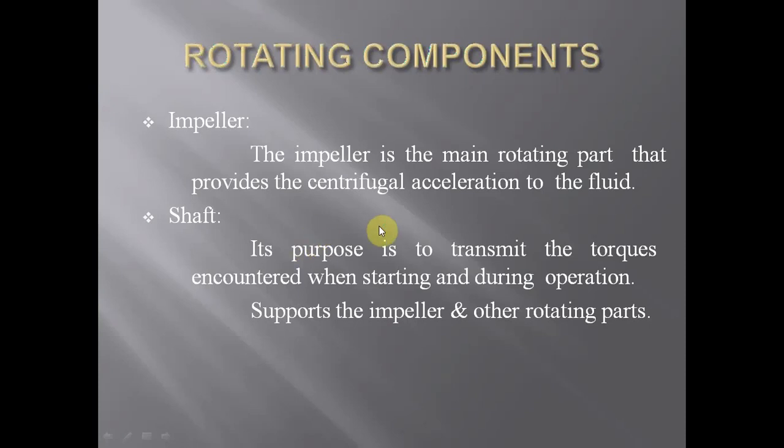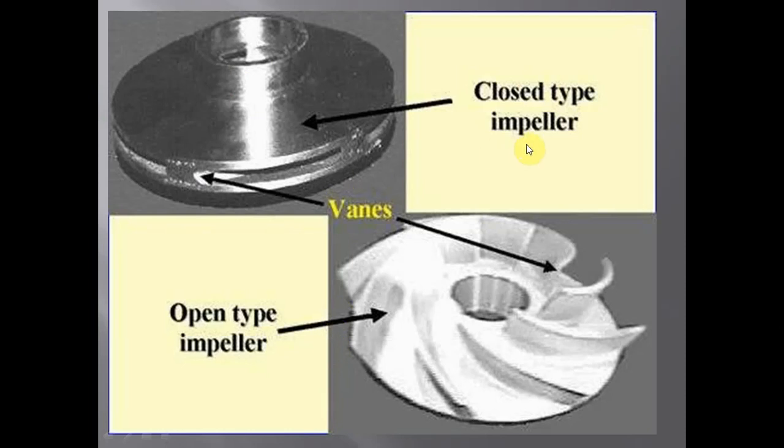The shaft's purpose is to transmit the torque encountered during starting and operation, and to support the impeller and other rotating parts. This is the closed type of impeller and these are the vanes, and this is the open type of impeller.